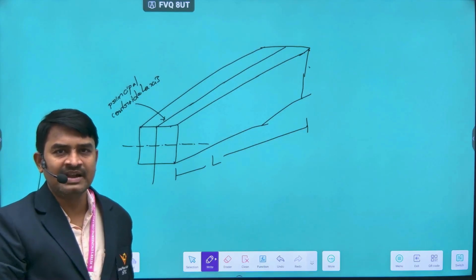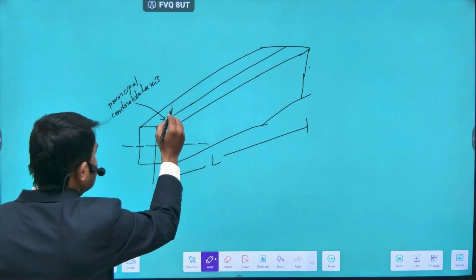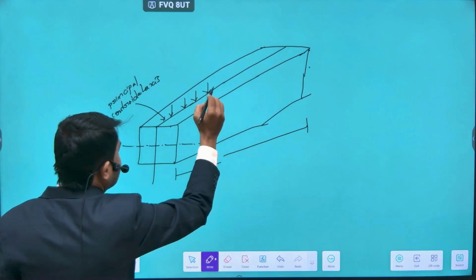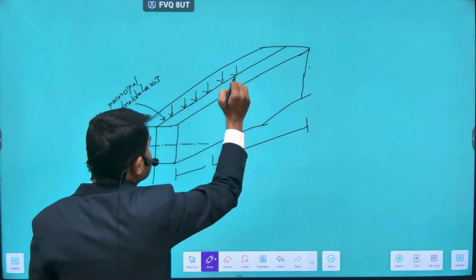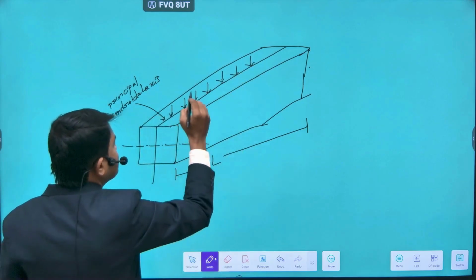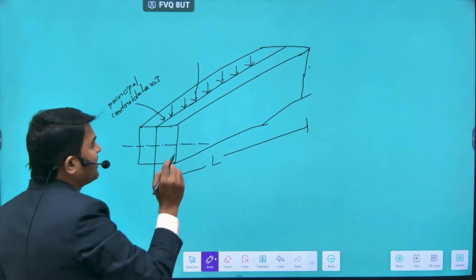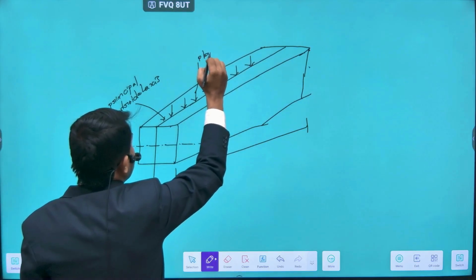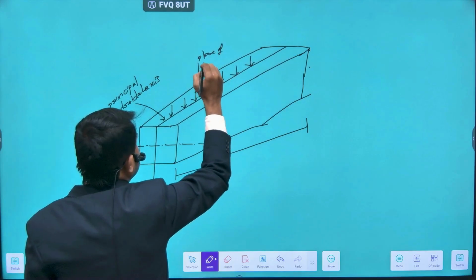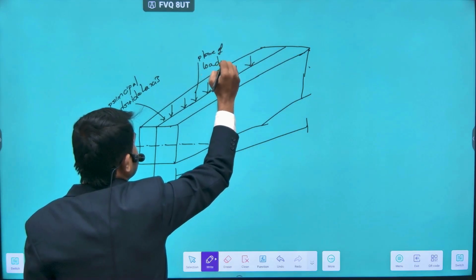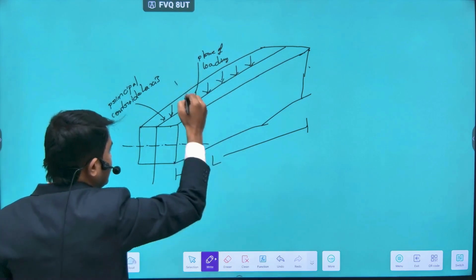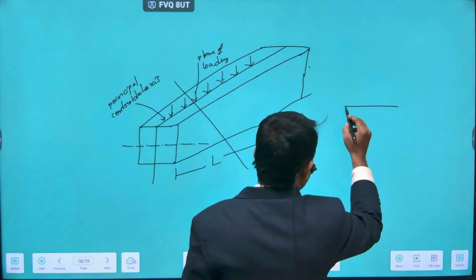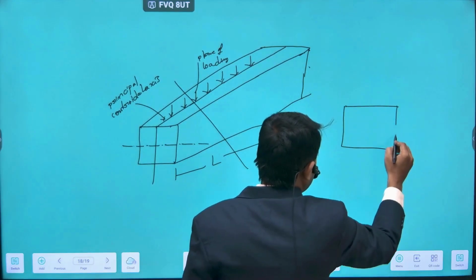So symmetrical bending is nothing but, for the beam of length L, the load acting on the beam is either normal or perpendicular to the principal centroidal axis. So this is nothing but the plane of loading. Okay. Now I am taking one section here. I am drawing the section separately. It looks like, say, a rectangle.